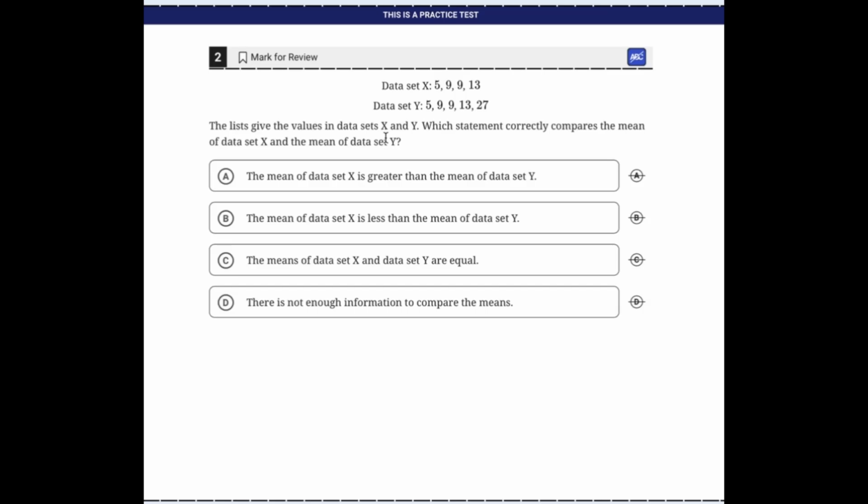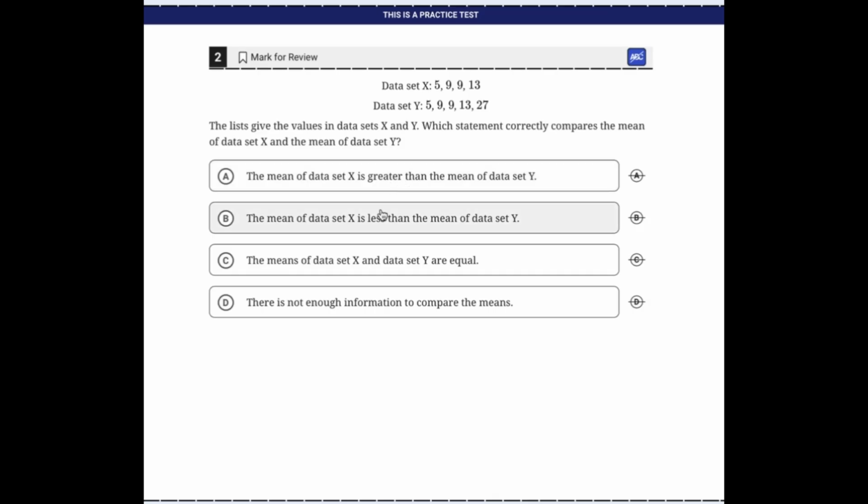But instead of doing it the long way, in this particular problem, because the first 4 numbers in data set Y are the same as data set X, you can see that the overall mean is going to be greater here because the final number is greater than the mean of data set X. It's going to cause the average of the data set to be higher than data set X. So at the end of it all, whether you use the numerical method or you reason it out, the mean of data set Y is greater than the mean of data set X. So see if we can find that in the answer choices. The mean of data set X is greater.